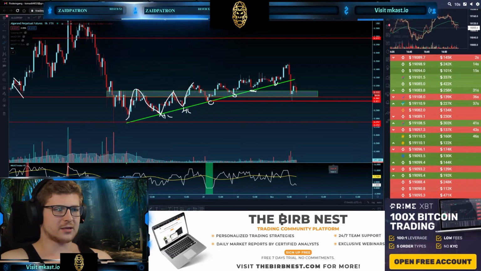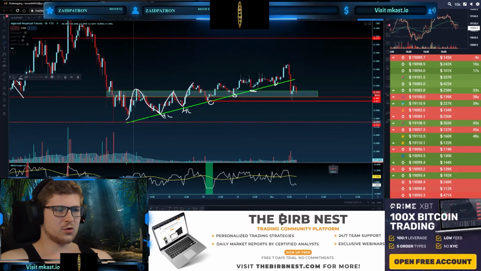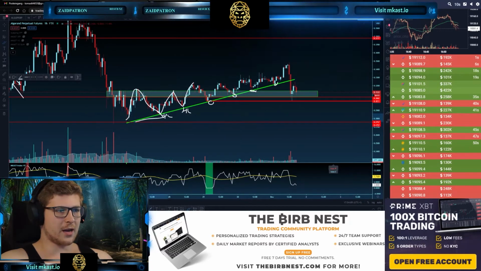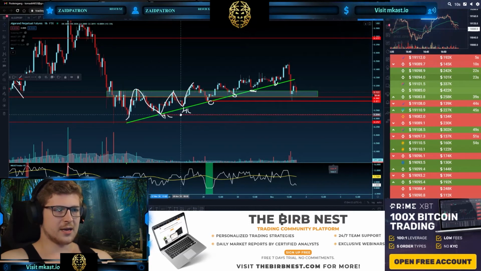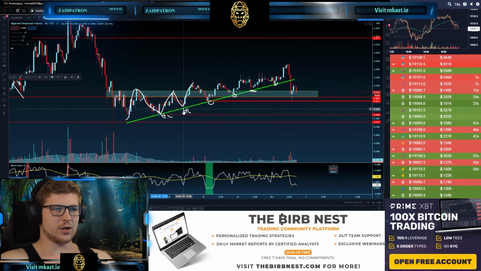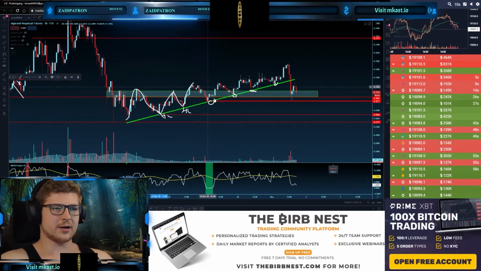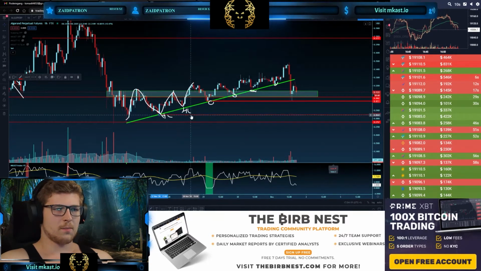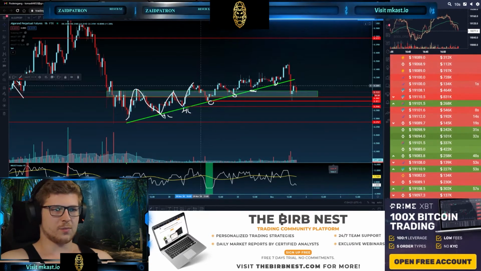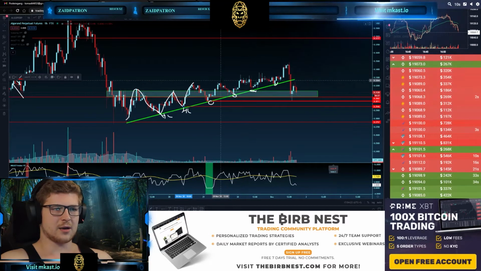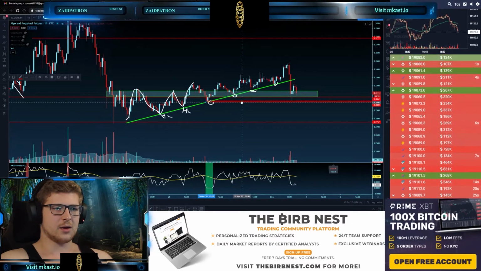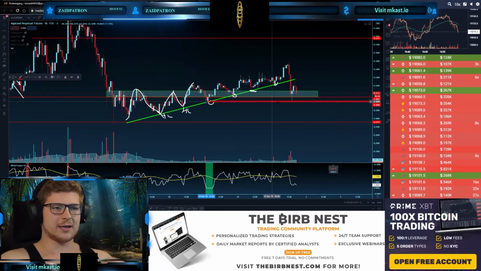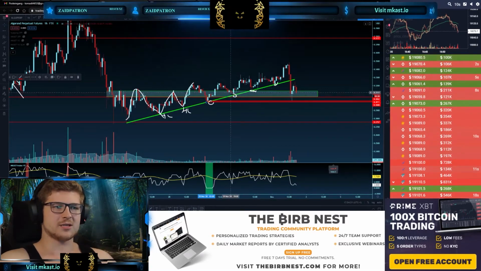So let me play this through. The price is moving, it's going up and up and up. Then our stop loss is down here. We don't get hit, we make another higher high, another higher low, boom, we move our stop loss, and we always put it just slightly below that level.